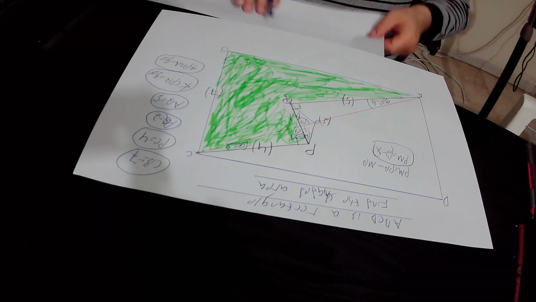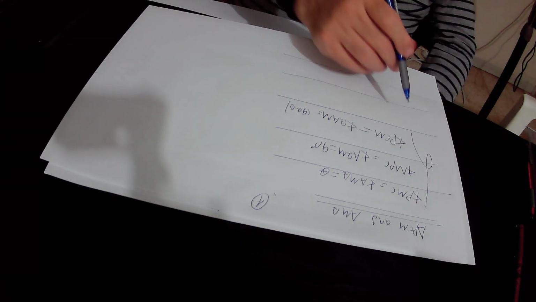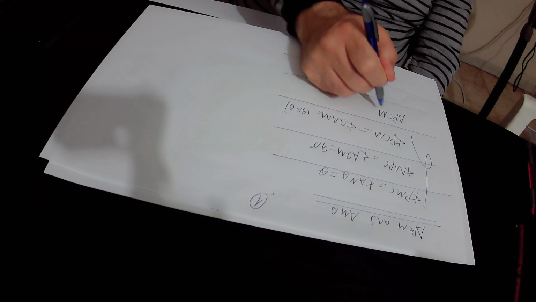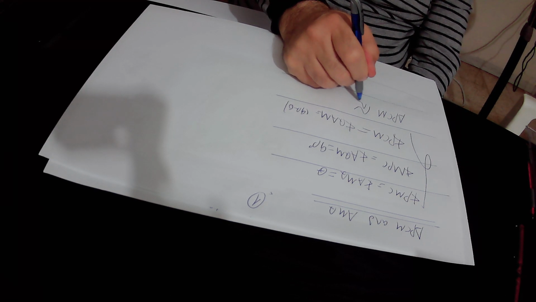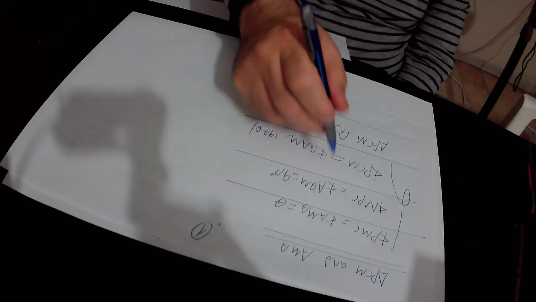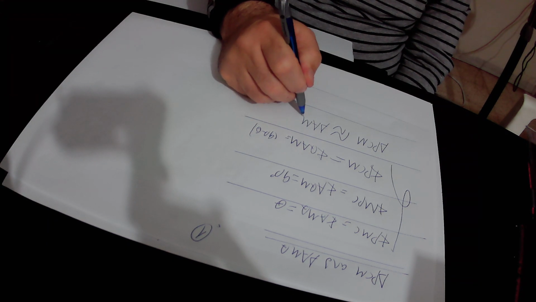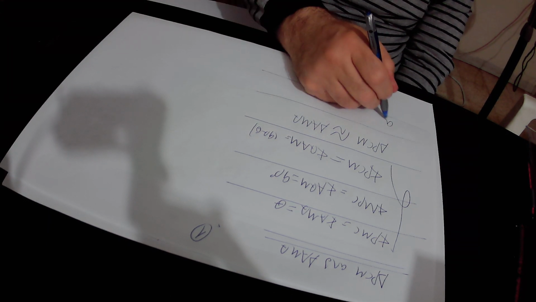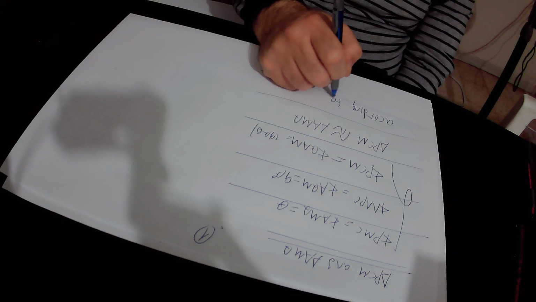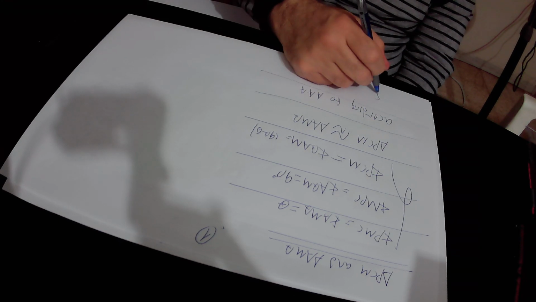So I write it down: triangle PCM is similar, this is the sign of similar, to the right triangle AMQ according to the angle similarity rule.